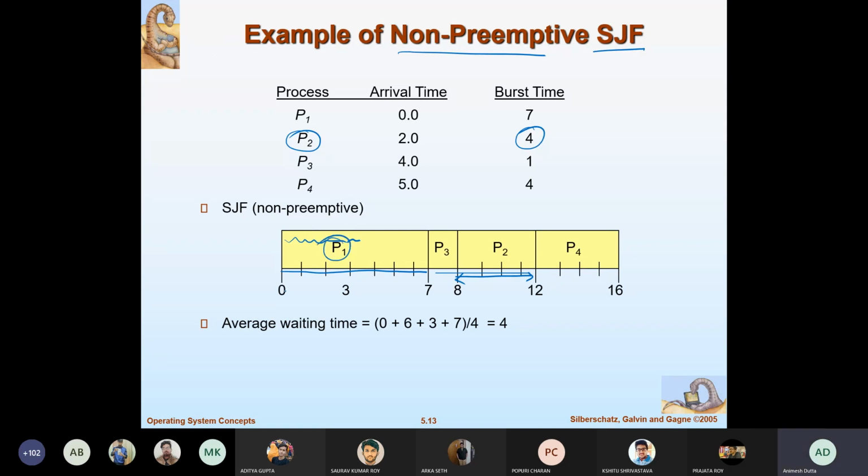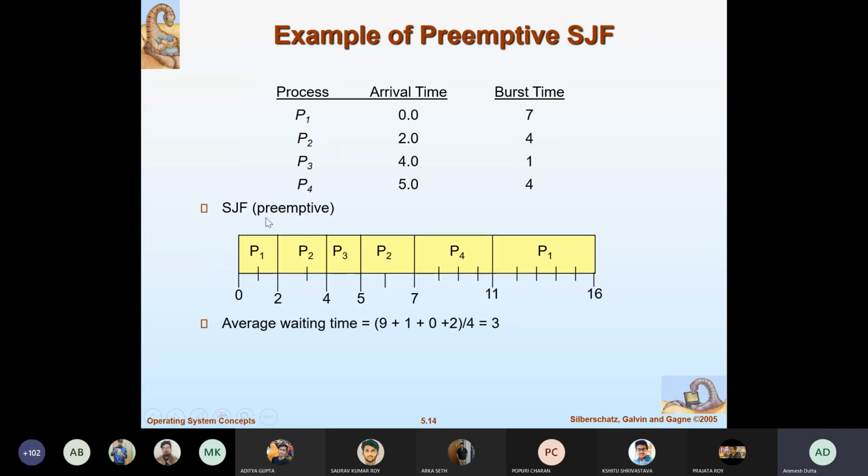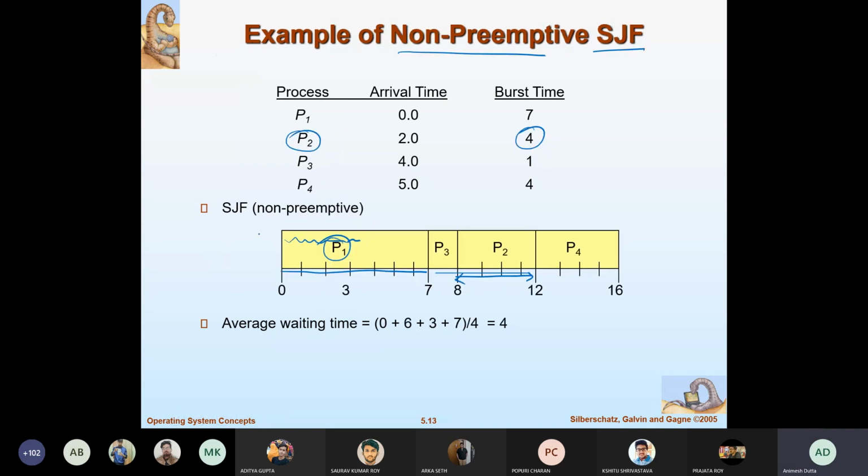If the burst time requirement of P2 is less than the remaining burst time requirement of the running process, then the running process will be preempted and the new process will take charge of the CPU. And the running process will be sent to the ready queue. Conceptually, is this idea clear?